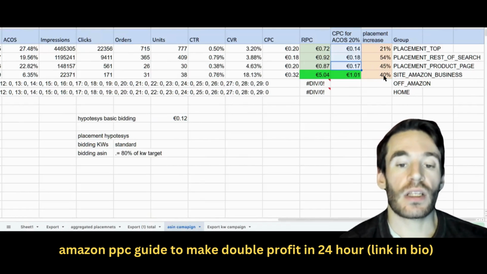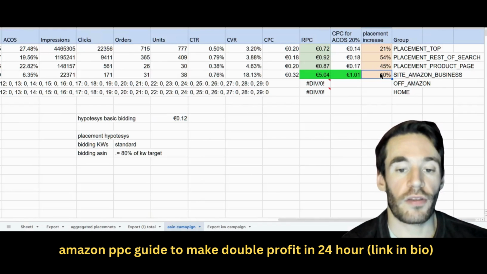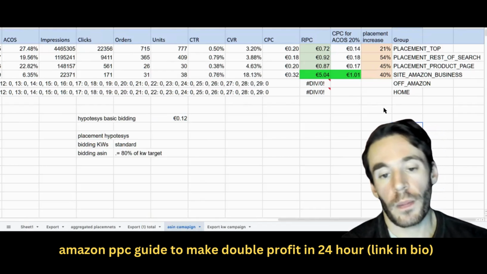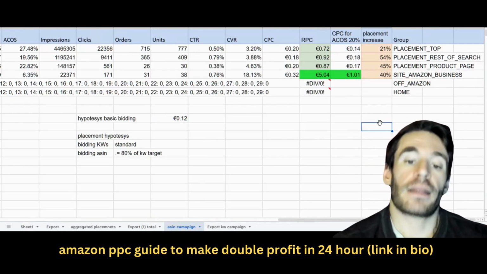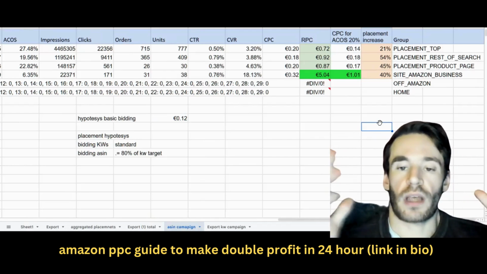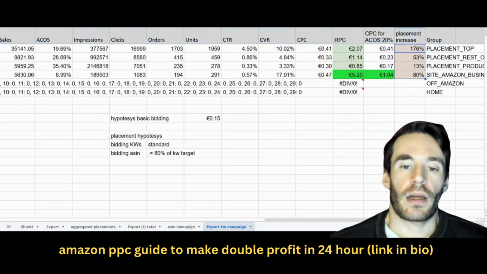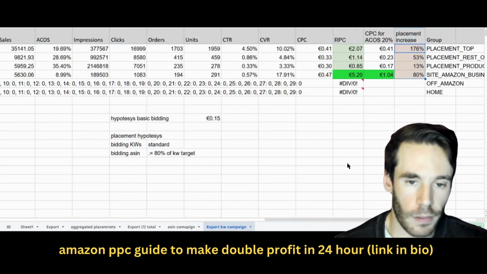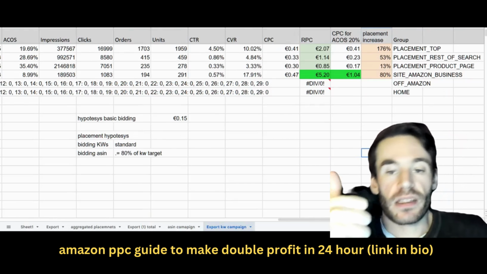And I want to be clear, it's hard to calculate the exact business placement because, as you can see, every placement has a different bidding. So it will be 40% of top of search, 40% of rest of search, 40% of product pages. But the point is, you have a placement decrease of around 40-50% for ASIN placement. If we go instead to the keyword placement, the first thing that we see is bidding is higher.